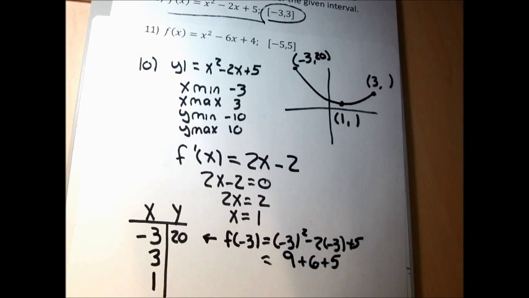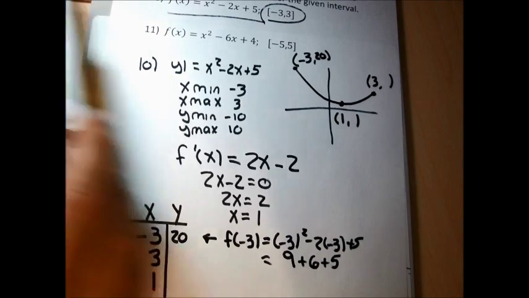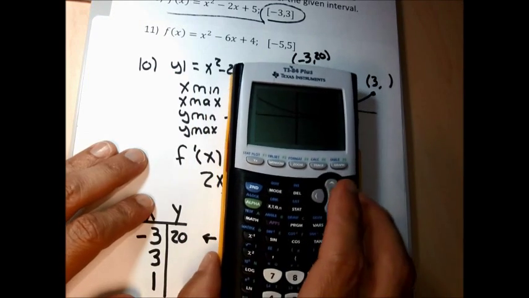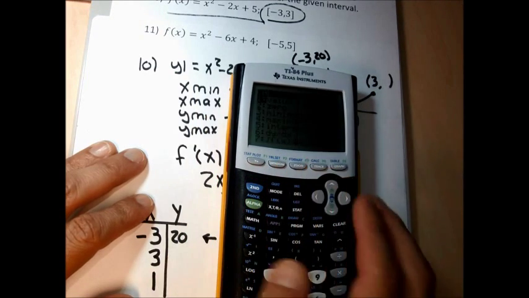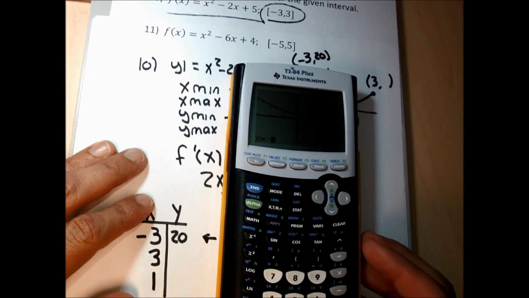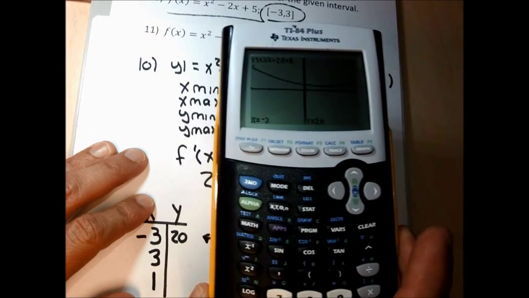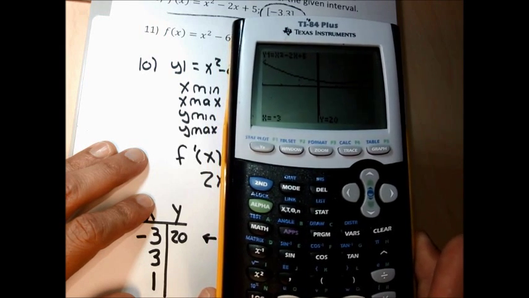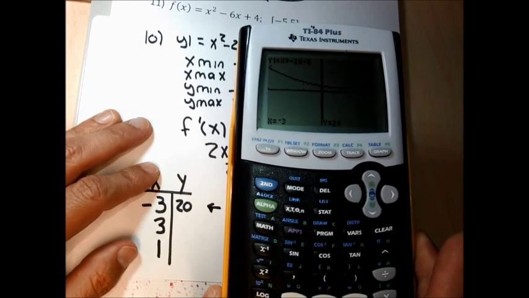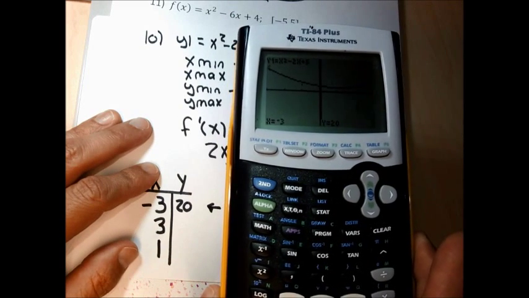I don't have to. If the y values come out to be something that's not a nasty decimal, then I can use my calculator and the value function on my calculator to get the y values. So I have this function in here. I'm going to go second calc value, and if I typed negative 3 in, you'd get that point negative 3, 20 that I just did by hand. The other two y values I'm going to get using the value feature rather than by hand.